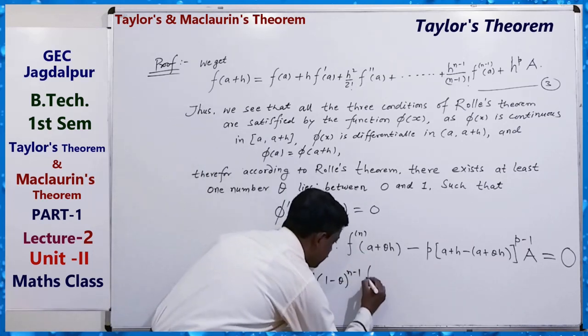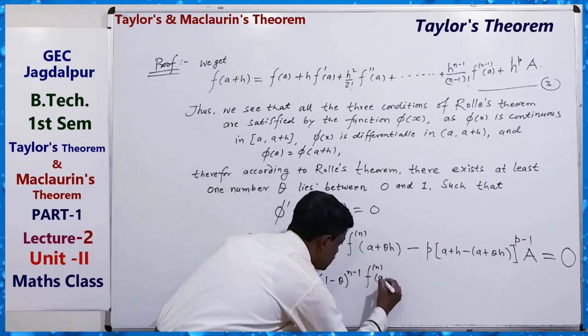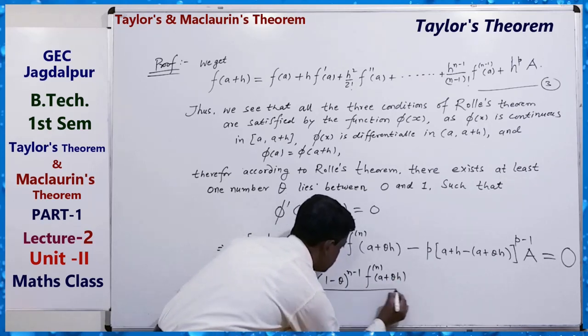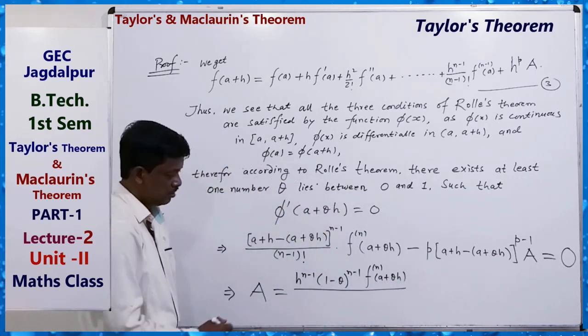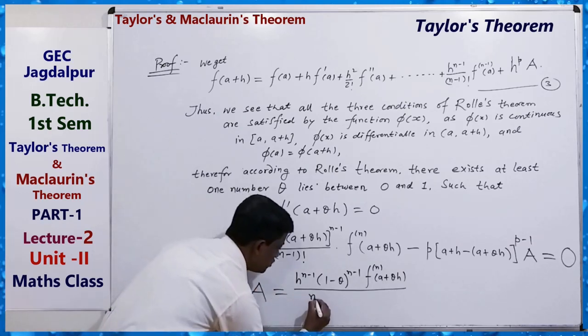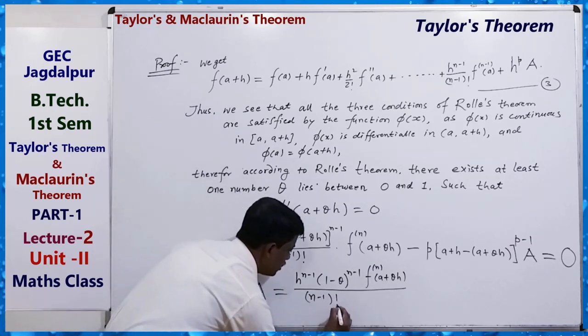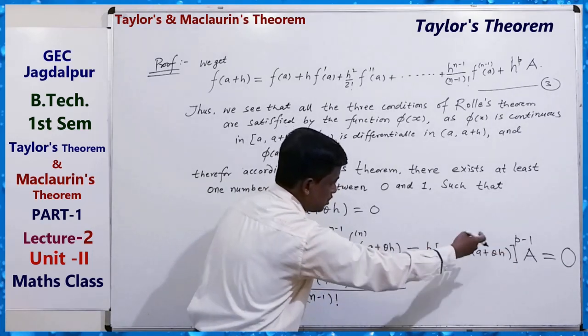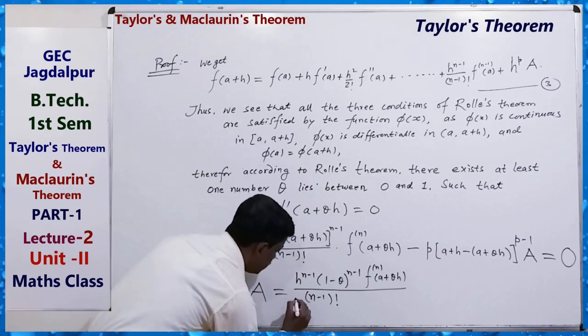Here f^n(a + θh) upon (n − 1) factorial. Transferring the right-hand side, just p, and this quantity will go to the denominator.